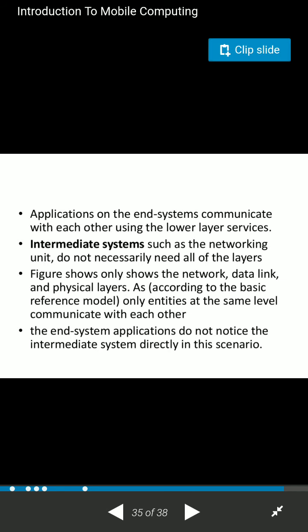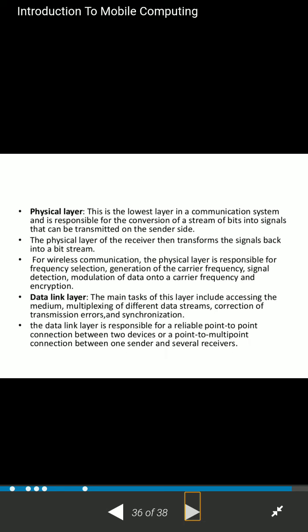It is similar to transferring the data. The data link layer is responsible for reliable point to point communication between any two devices, or a point to multipoint connection between one sender and several receivers.